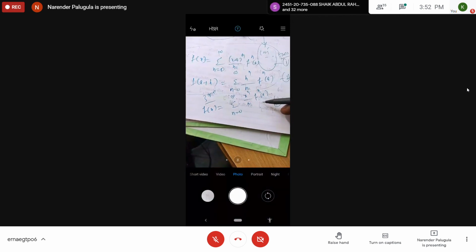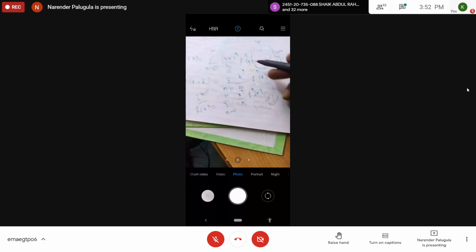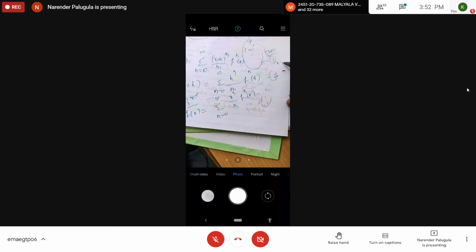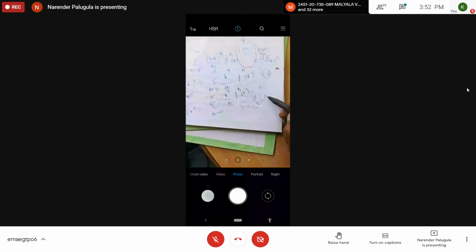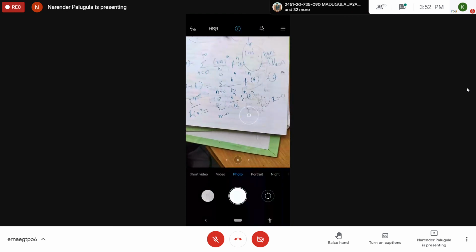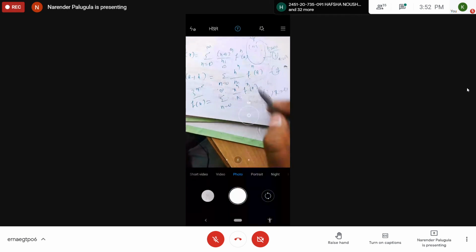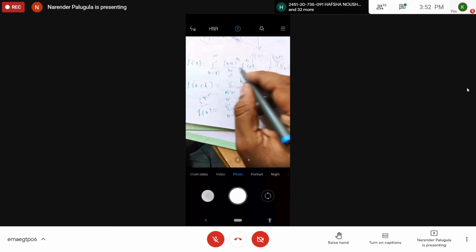A equal to 0. Yes, this is the expansion about the point x is equal to a, but this is the expansion about the point 0 only. We are expanding near 0, the neighboring point of 0. This one is for any non-zero point.